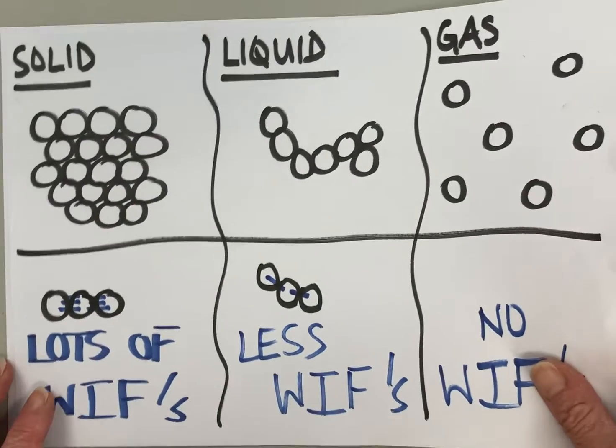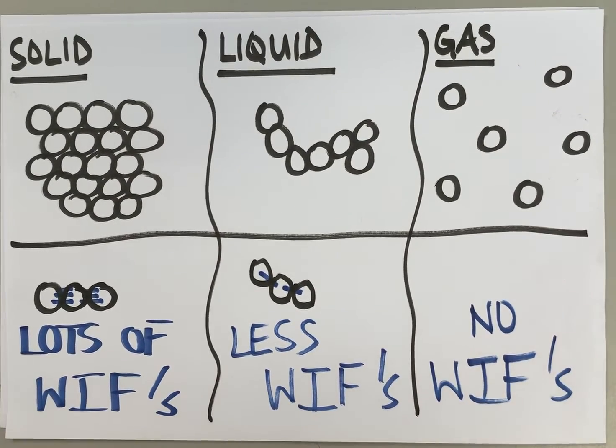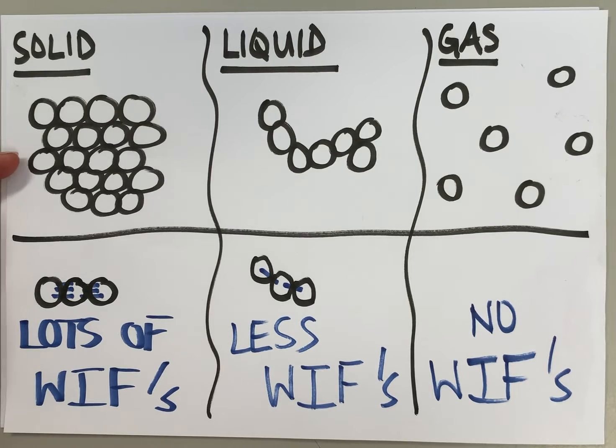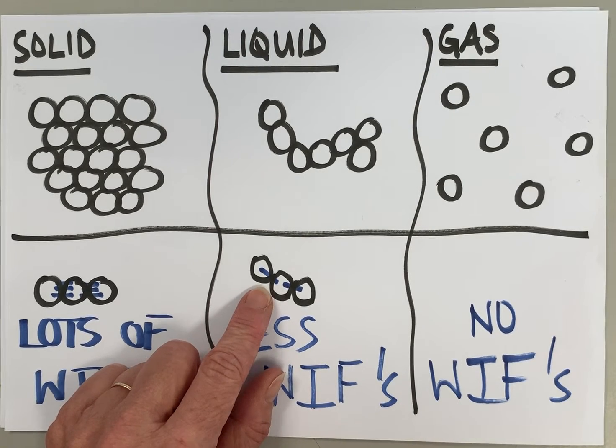So there's a bit of a difference between these WIFs when you've got a solid, a liquid and a gas. So in a solid, you've got lots of WIFs, and that's what holds the solid together in a set shape. So there are lots of weak intermolecular forces between the molecules. In a liquid, those weak intermolecular forces are reduced, so there are less of them.